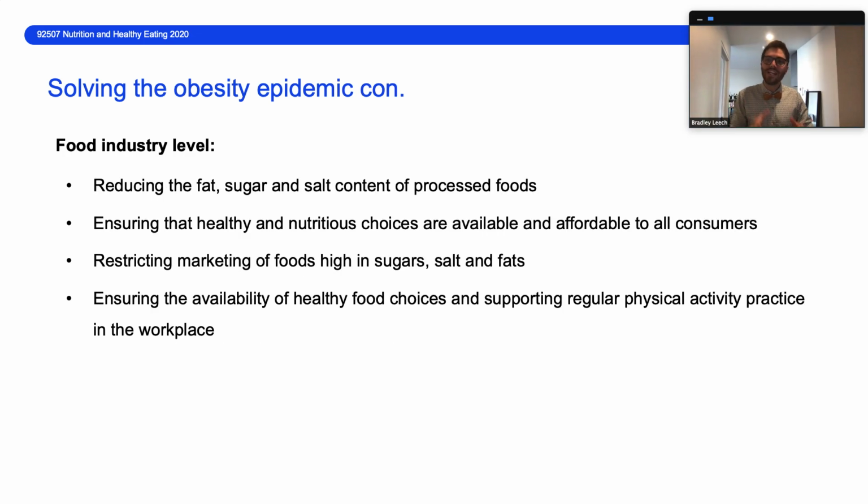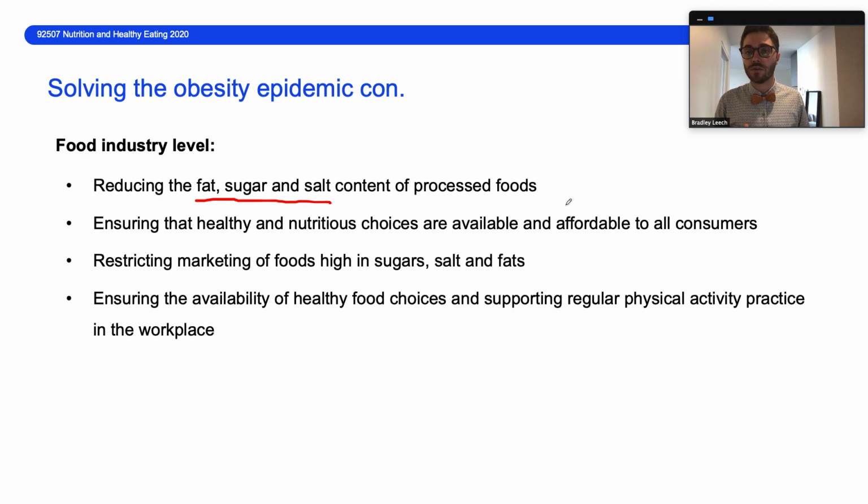From a food industry level, the food industry is a major causative factor for obesity. I guarantee you that they could reduce the amount of fat, sugar, and salt in their foods, and it will still taste just as nice.